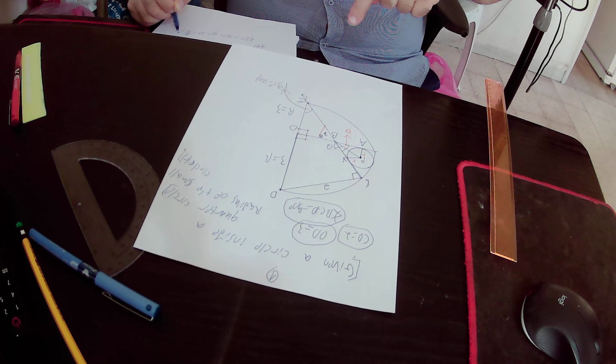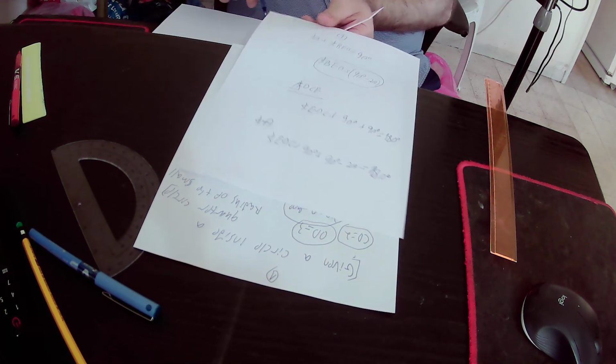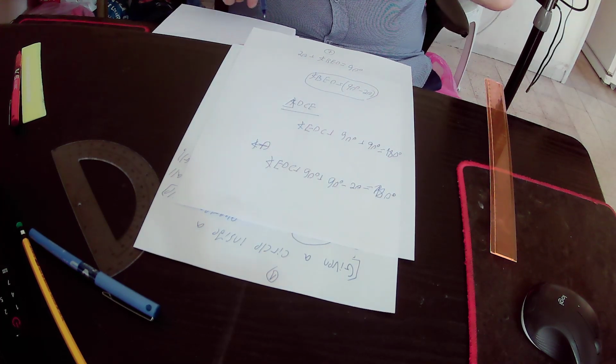Okay, the sum of the angles in triangle DCE must be equal to 180 degrees.